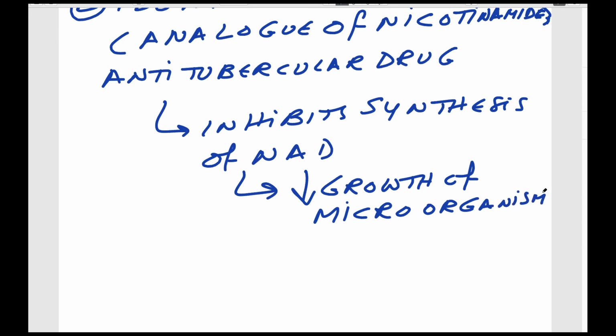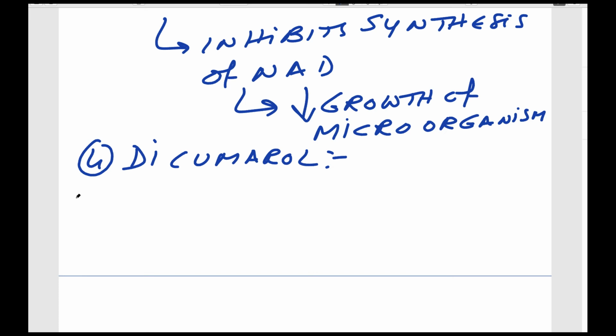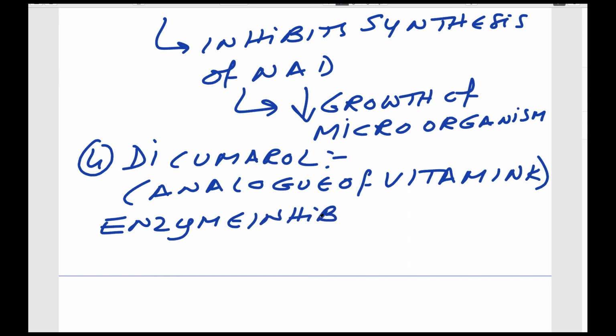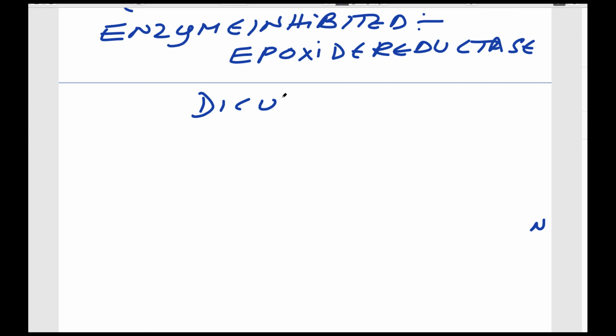Then the next one is dicumarol. It is a structural analog of vitamin K. Which enzyme is inhibited? The enzyme inhibited is epoxide reductase. What is the role of dicumarol?